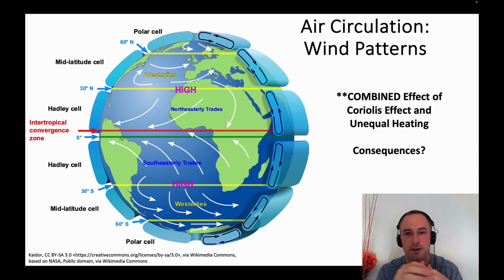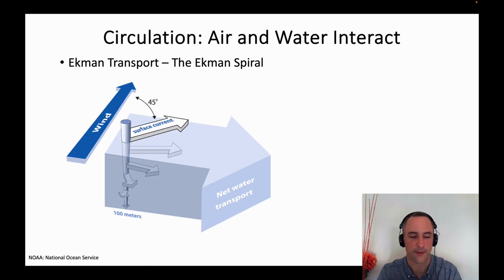So commerce has been driven by this over time too. When we get the combined effect of both the Coriolis effect and this unequal heating, we end up getting this circular cycling around the world, and we get these different gyres, which we'll talk about in a second.